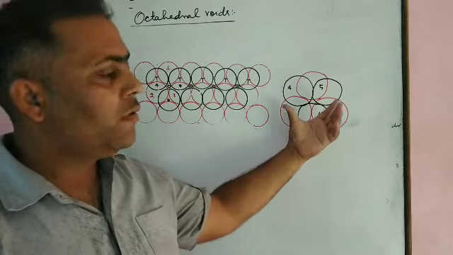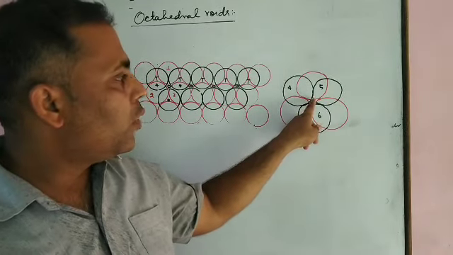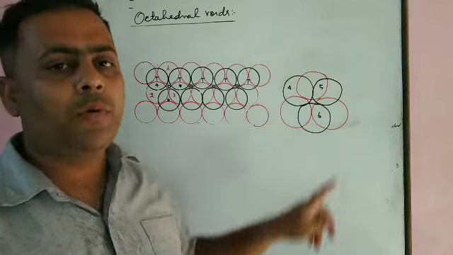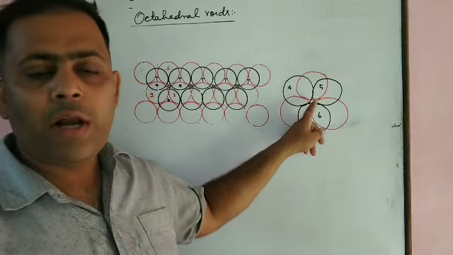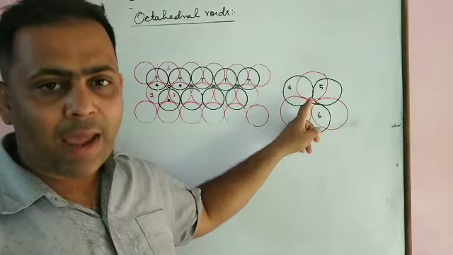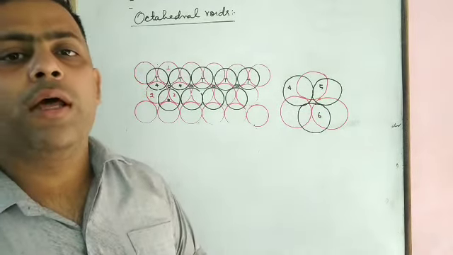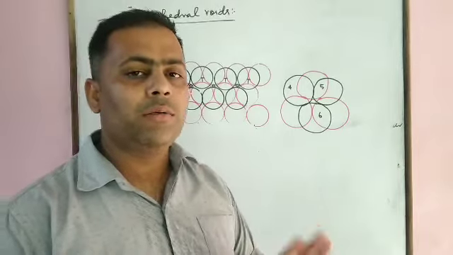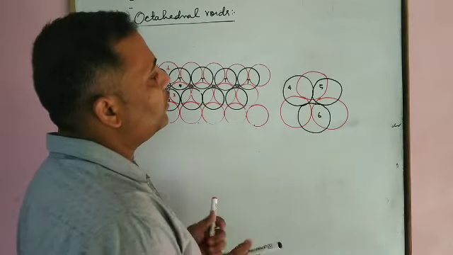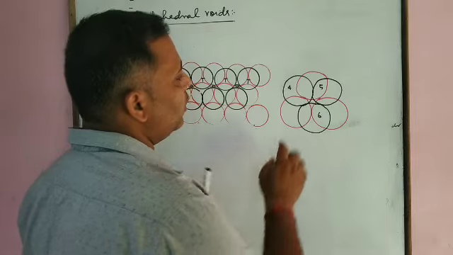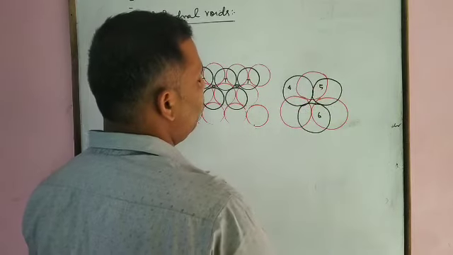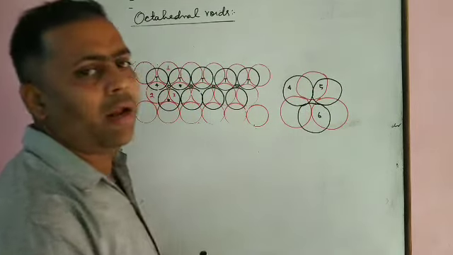What we see is they have their triangular voids pointing in the upward direction. The voids are aligned, but they do not overlap each other. This type of void is known as octahedral void. But when we join the centers of these spheres, we get an octahedron.